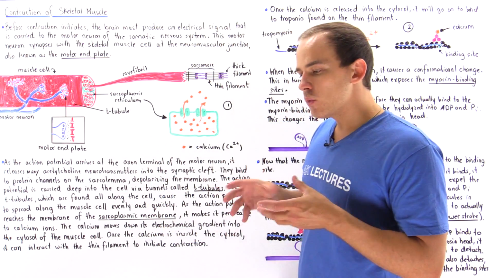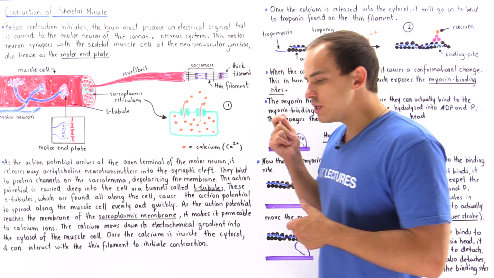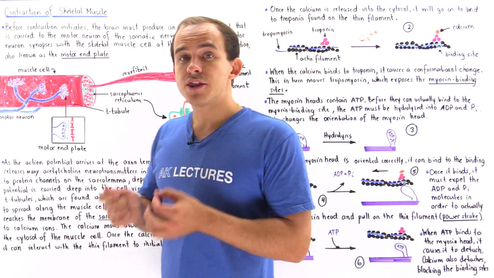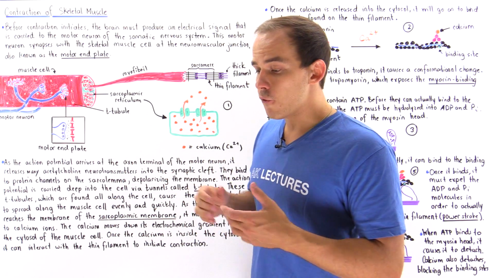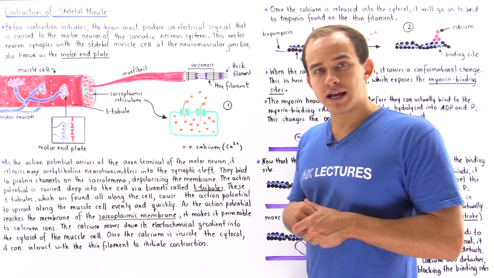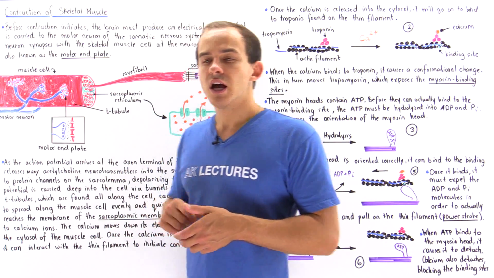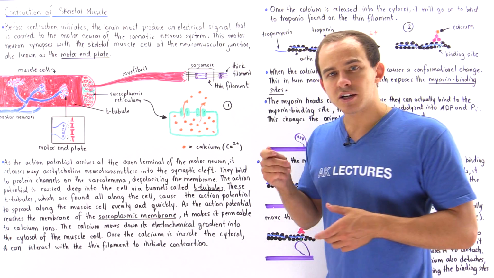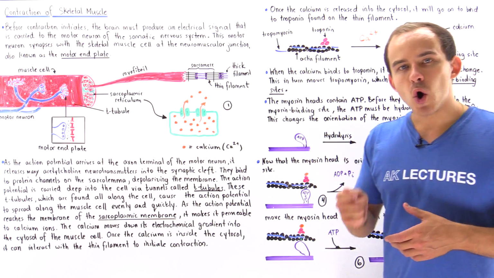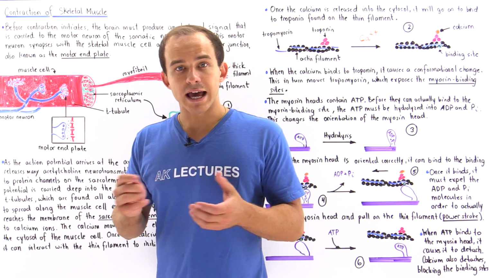Before we actually contract our skeletal muscle, the brain has to create that electrical signal in the form of an action potential. It sends the action potential down to our somatic nervous system, which contains motor neurons that connect to our skeletal muscle.